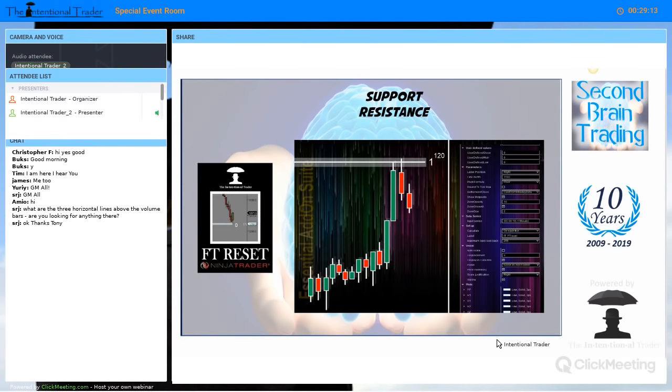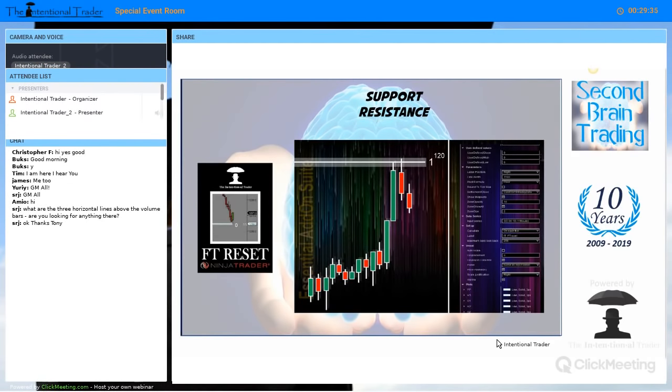So if everybody else is looking at support and resistance, then we feel like we better be looking at it too. In fact, we use that as a defensive posture when we enter our trades. Okay, not all of our trades, but most of our trades, and I'll go over that in a few minutes.